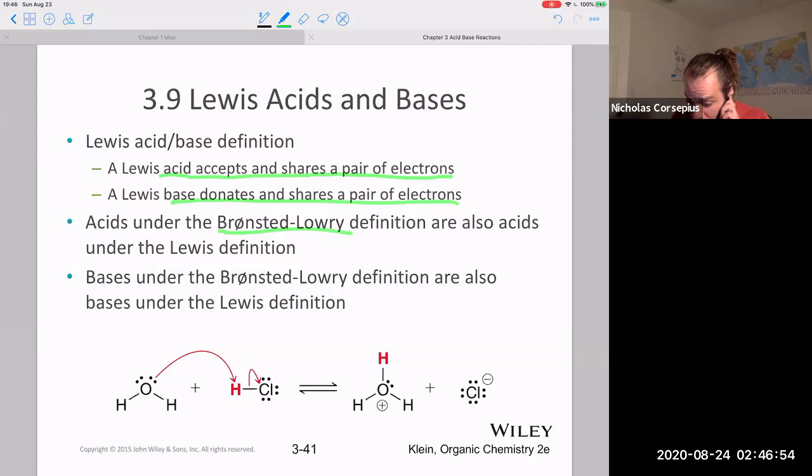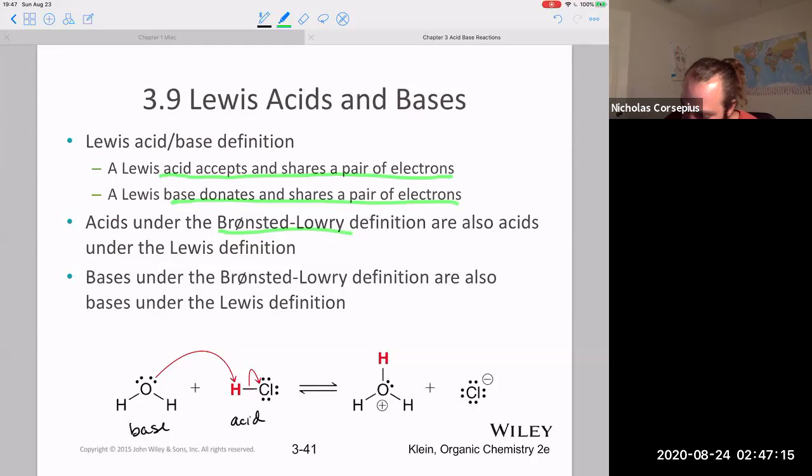So here's an example of both a Lewis acid base reaction and a Bronsted-Lowry acid base reaction. And let's just convince ourselves that this all makes sense. Hydrochloric acid, this would be our acid, this is our base in our standard definition, so let's just see how it checks out with the Lewis definition.